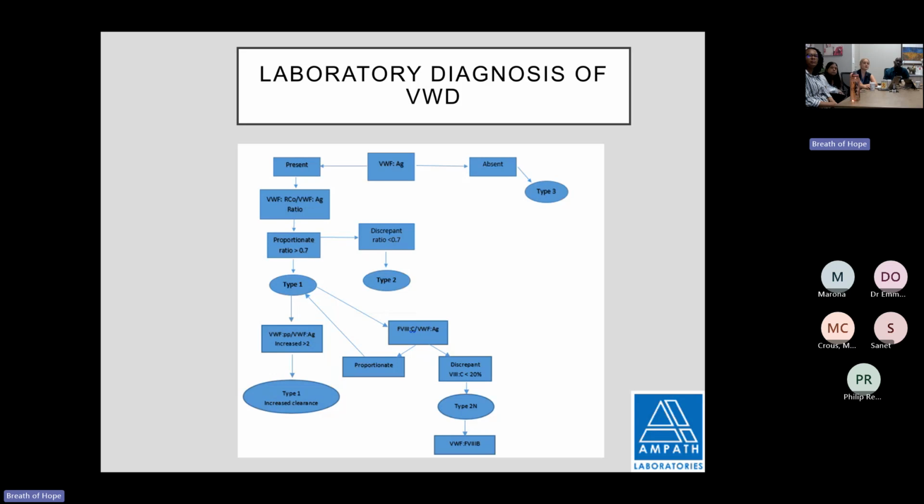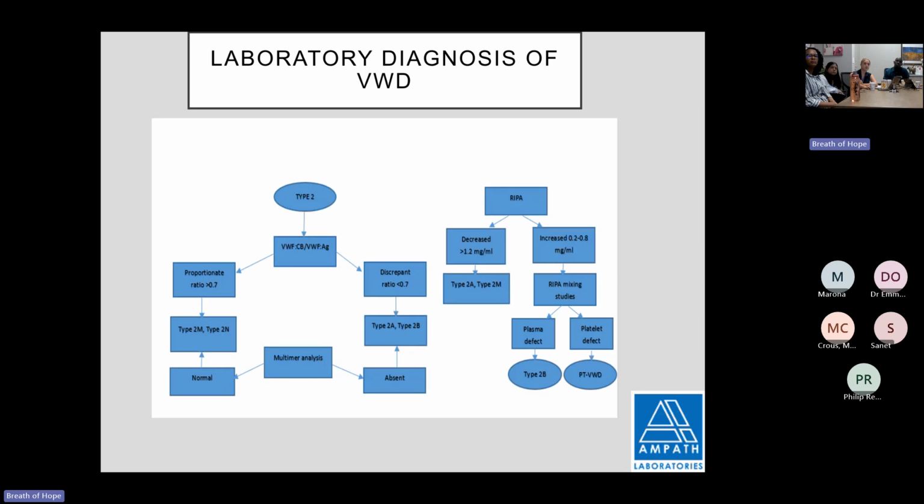And now if we do have a discrepant ratio where our function over our antigen is less than 0.7, we will move to a type 2. And what we do at our lab, we'll then do the collagen binding over antigen ratio. And if that is proportionate, it's most likely a type 2M or type 2N. So usually we can then discriminate type 2N here, because if you've got a normal factor 8 level, it will most likely be type 2M.